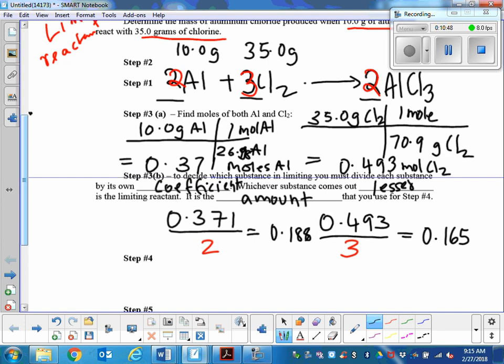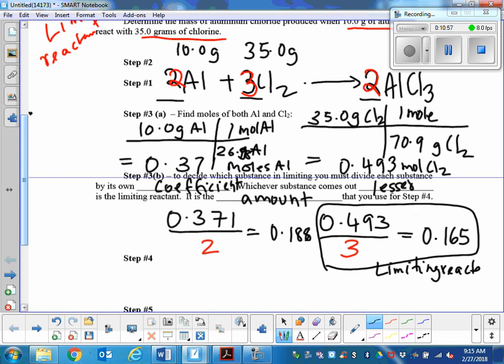Therefore, this is my limiting reactant. This is one of the ways to approach the problem. Convert it to moles, divide by the coefficient, whichever comes out less is your limiting reactant. That's one way to approach the problem. Are we good?